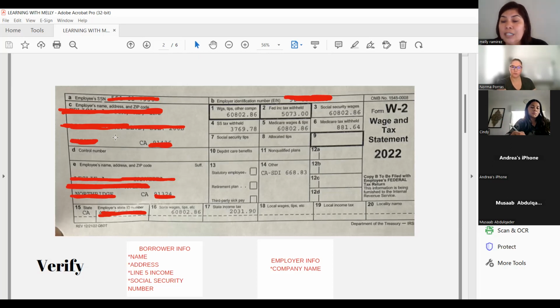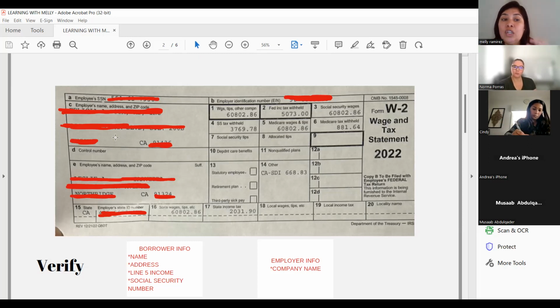Another reason is that some companies have DBAs. So they might say, hey, I work for Dr. Fausto. But when you look at the W-2, it shows B&L LLC or whatever the case may be. That way you answer all the questions beforehand.